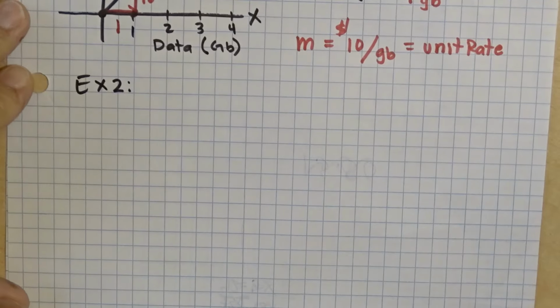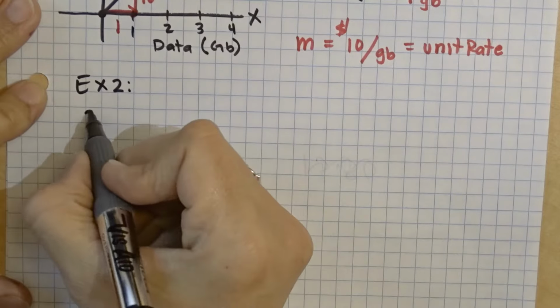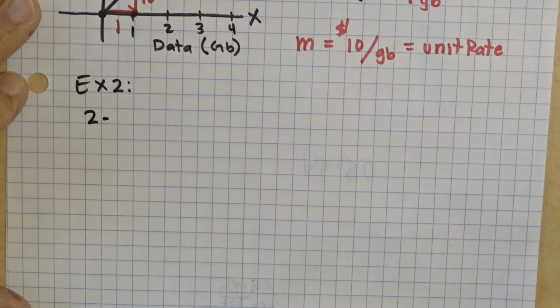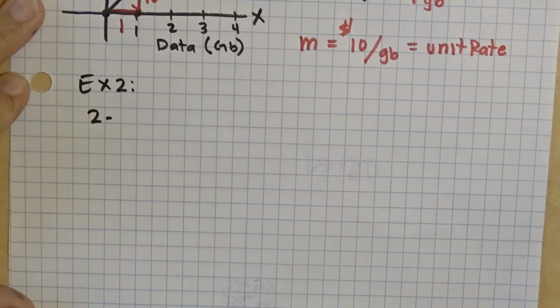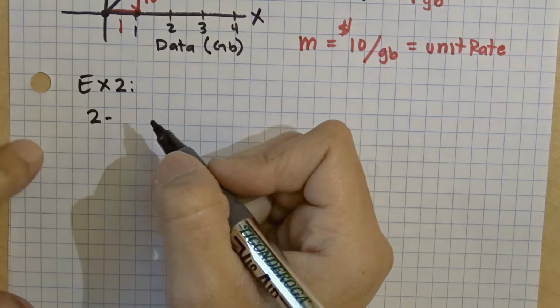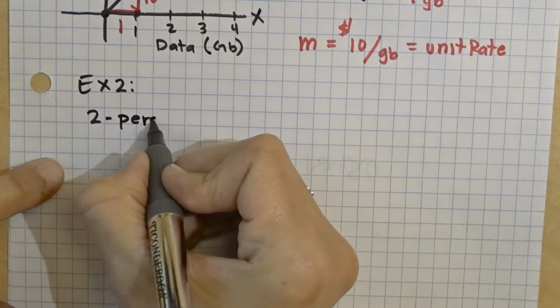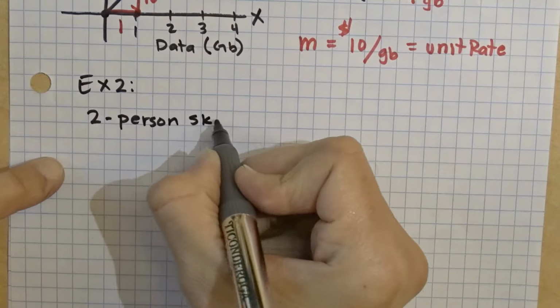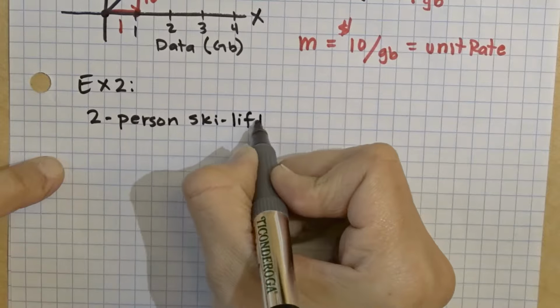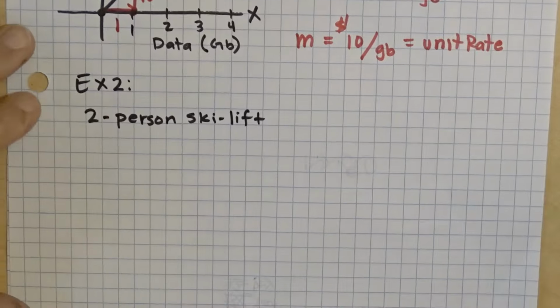This one's referring to 2 ski lifts. So when you're going skiing, you have to go up the mountain, and you have to have a ski lift to take you up the mountain with all your equipment and gear. So a 2-person ski lift takes you up at a certain rate.